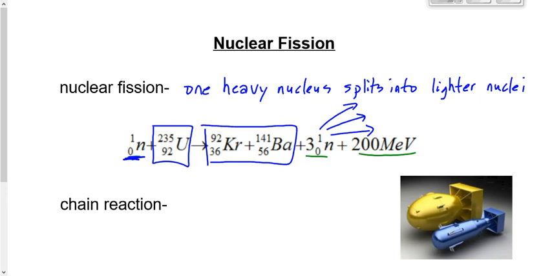So in other words, we fire 1 neutron at uranium, that produces some energy, but produces 3 neutrons. Those 3 neutrons cause 3 more reactions, which produce 9 more neutrons and more energy.